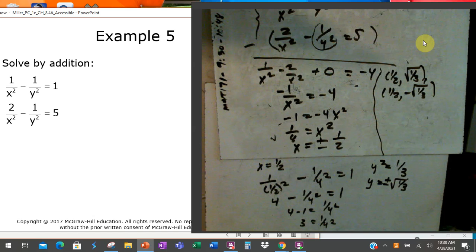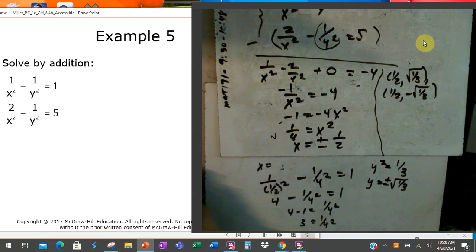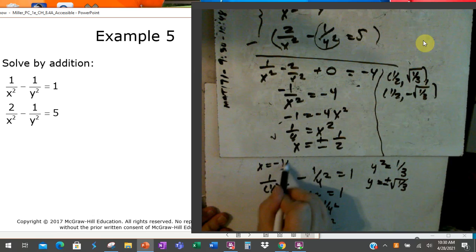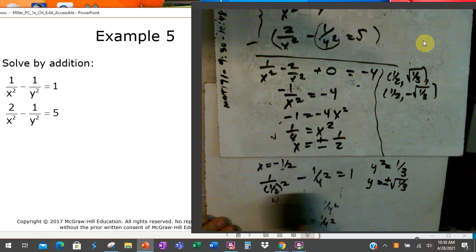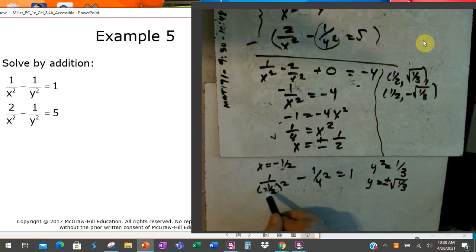And then what about the negative 1/2? So then I would do the negative 1/2. I would change this to negative 1/2. This would be the negative 1/2. This negative times the negative is a positive 1/4. 1 divided by 1/4 is 4 minus 1 over y squared is equal to 1.